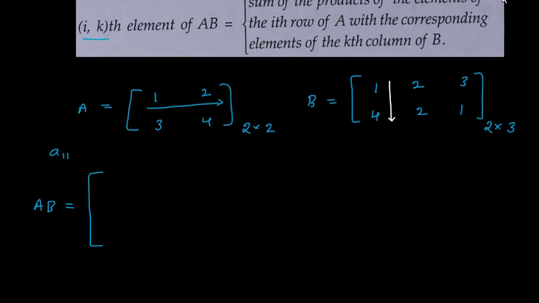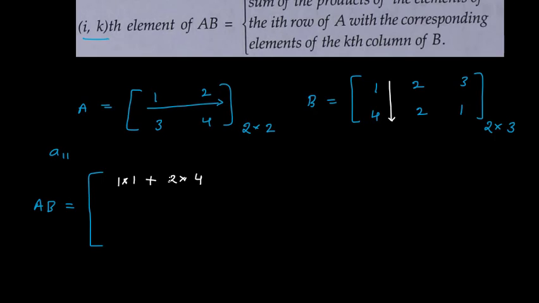Okay, carefully see how I am multiplying corresponding terms and then adding. Product means multiplication. So here this 1 is going to multiply with 1 plus, it is a sum of products, then this 2 is multiplied by 4. So this whole calculation is your A11, the first element.